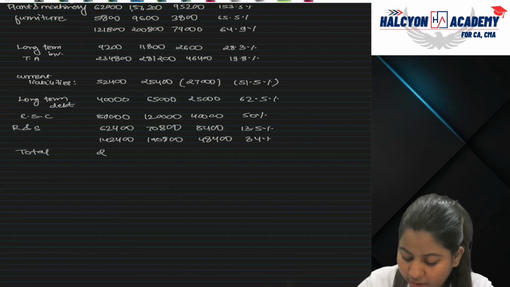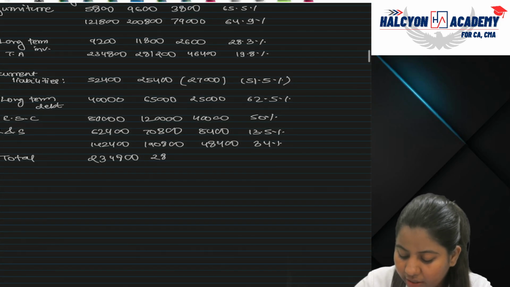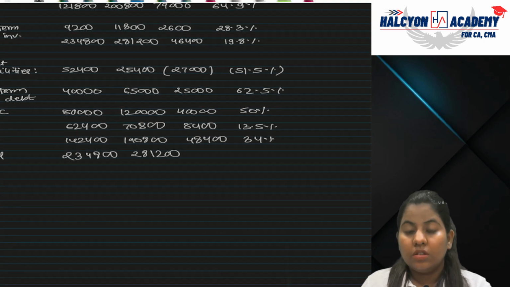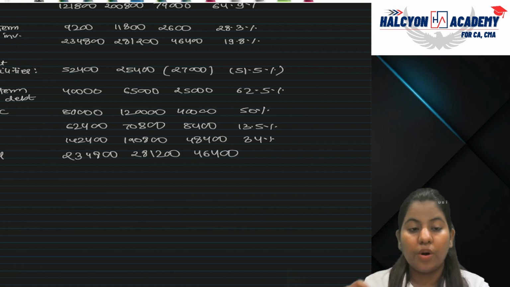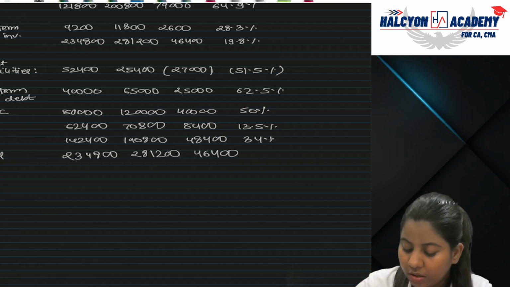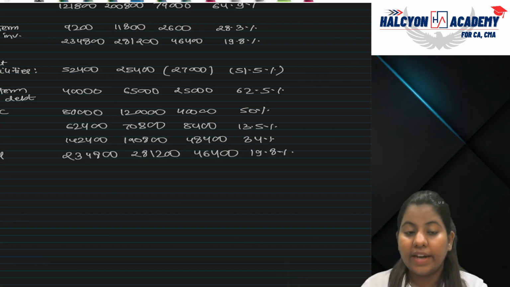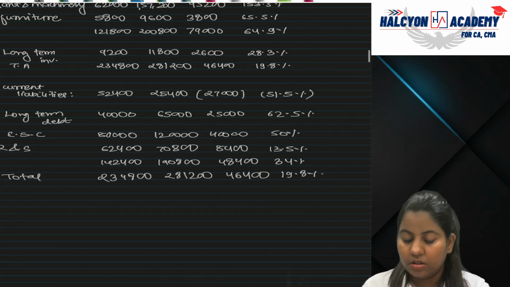So 2,34,800 and 2,81,200. How much change is there? It is increased by 46,400 rupees. That is 19.8% rounded off. So it is done.